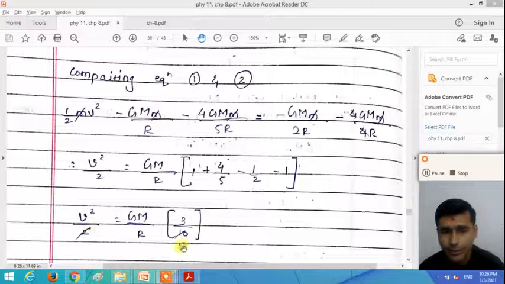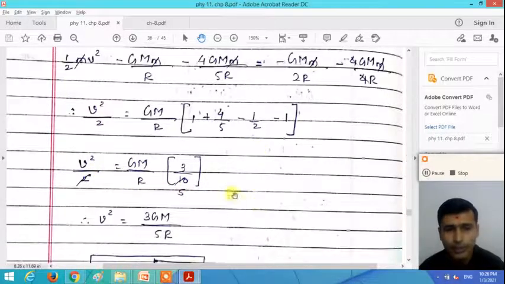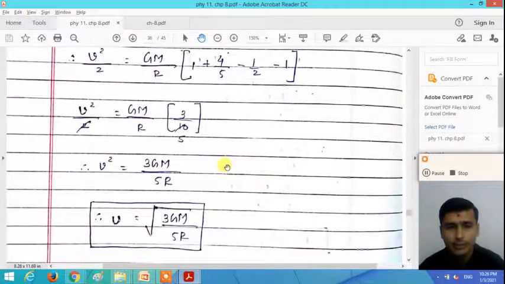So 2 5s are 10, we cut out, we get V square is equal to 3 Gm divided by 5R. And from that, the velocity of the object projected from the surface of the first sphere so that it reaches the surface of the second sphere, V is equal to under root of 3 Gm divided by 5R.